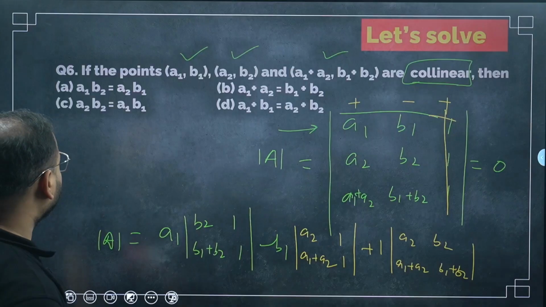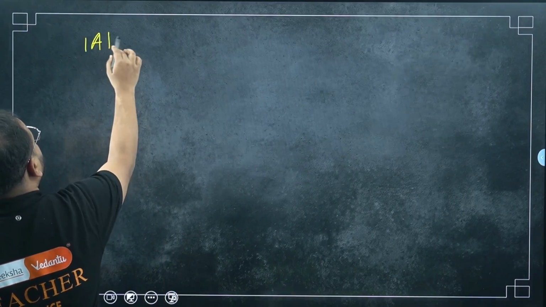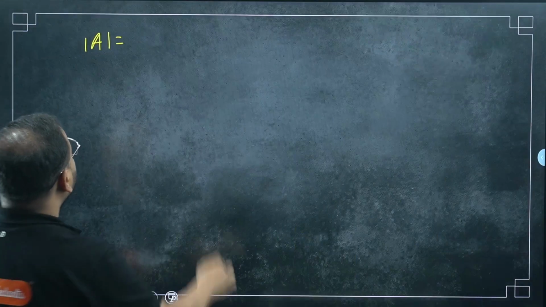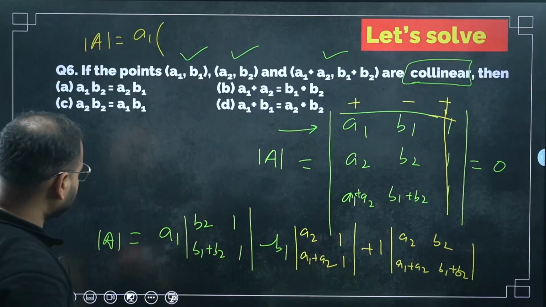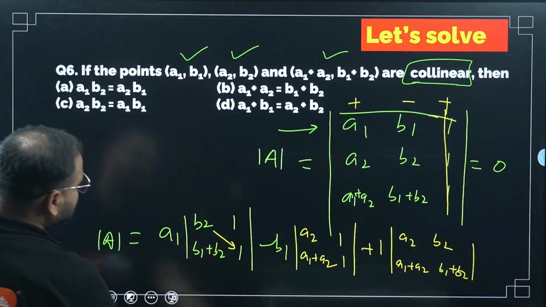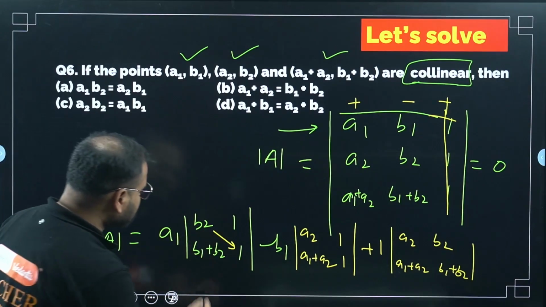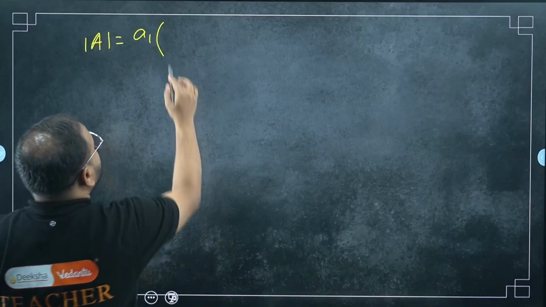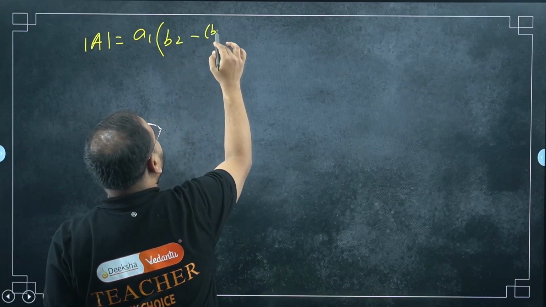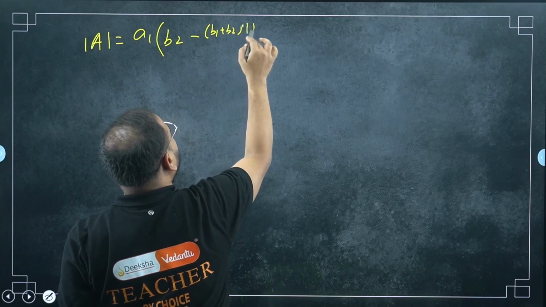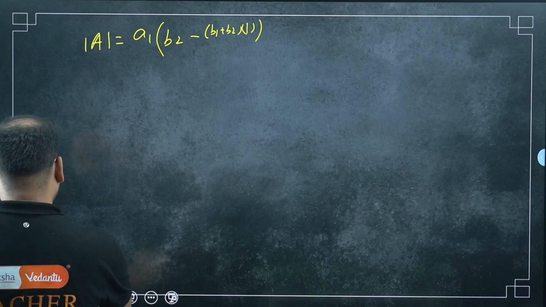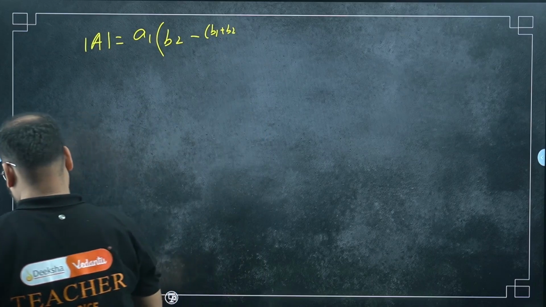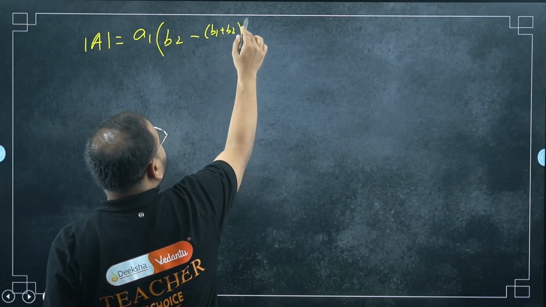So if you write this same thing again, the determinant of A will look like this. A1 times of what? Multiply this: B2 minus B1 plus B2 times 1, which is nothing but B1 plus B2, so B2 minus B1 minus B2, nothing but minus B1.